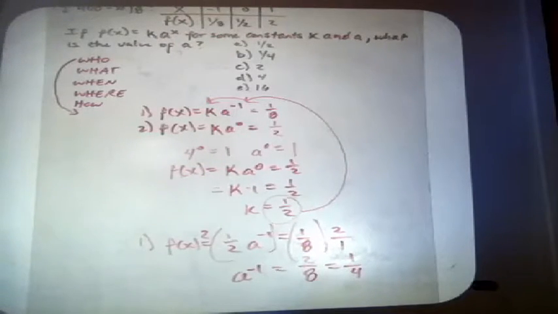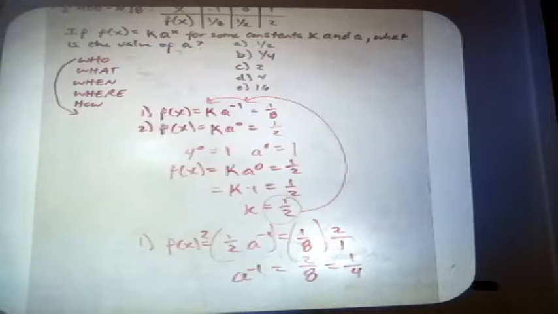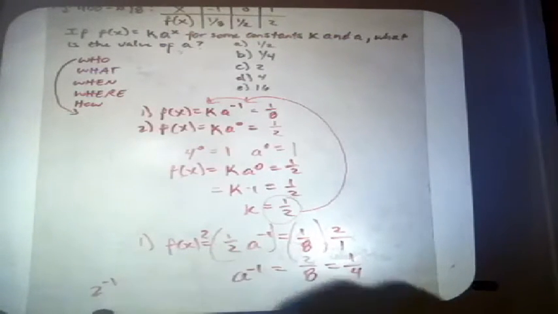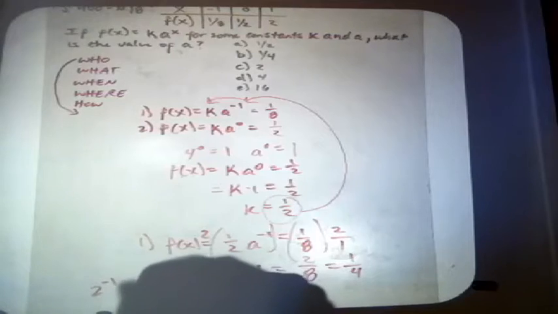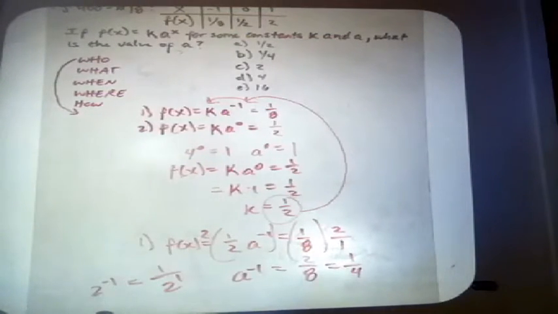All right, so now we have to know a little something about negative exponents in order to finally solve this thing for a. So what do negative exponents do? Let's talk about that. If I have, say, 2 to the -1, that's actually the same thing as 1 over 2 to the power of 1.